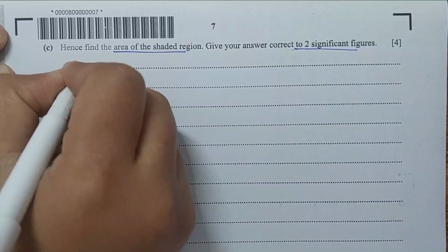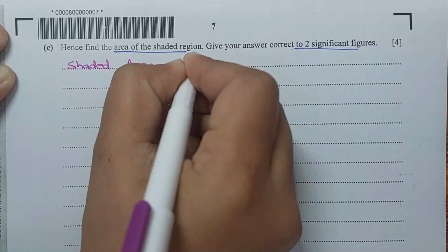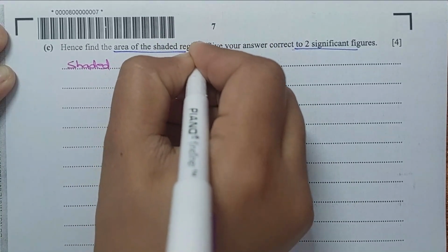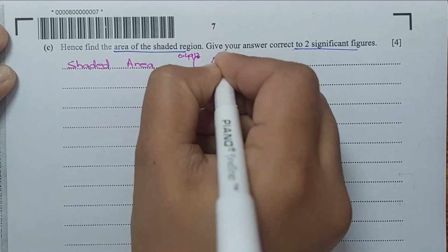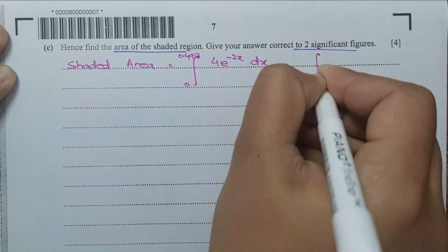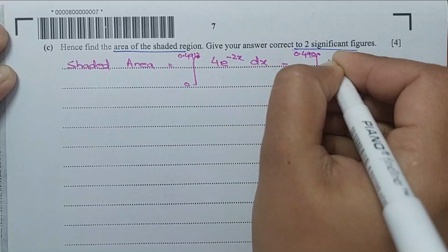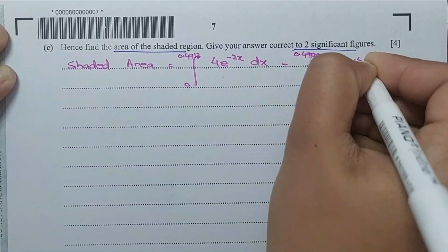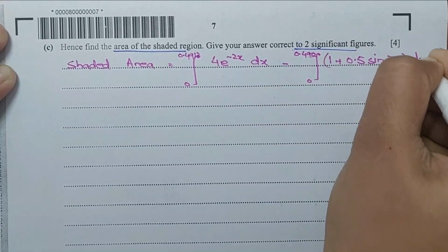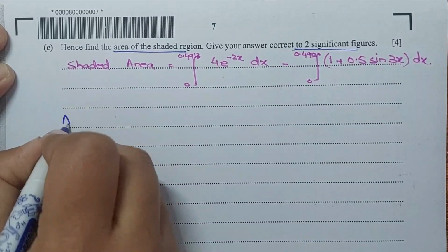So here we can say the shaded area is the integration from 0 to 0.4912 of the upper curve, 4 e to the power minus 2x dx, minus the integration from 0 to 0.4912 of the lower curve, which is 1 plus 0.5 sine 3x dx. All right, so first we have to figure out the integration.